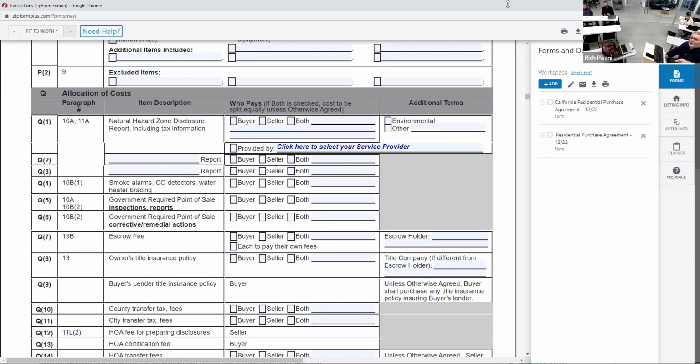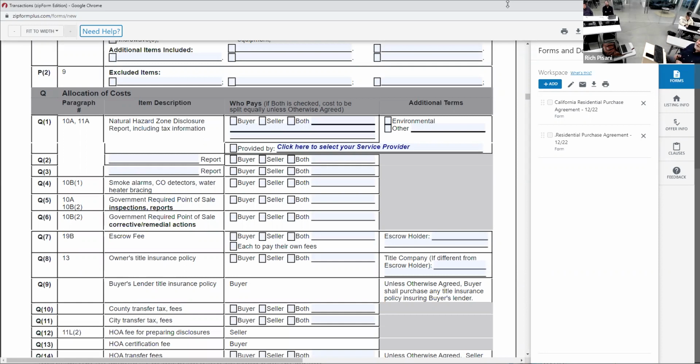And the next line, governmental required corrective and remedial actions. Corrective actions means there is this pre-inspection, which would have found these violations. Who's going to pay for those violations? That's what that's about. Escrow fee: I usually put each pay their own. I don't do 50-50, because a lot of people do 50-50 but it really isn't 50-50.